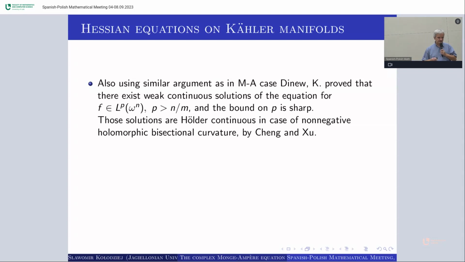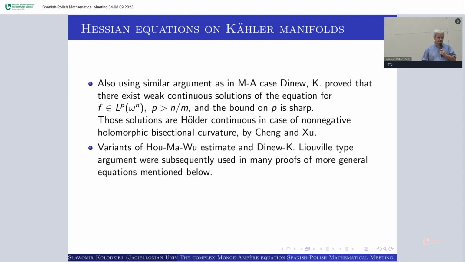And those results from the previous slide, so Hou, Ma, Wu, and Dinew and myself, they are quite robust because in all theorems which will follow now, which are twisted versions of Hessian equations, those methods still work. They have to be adapted in each case, but more or less the same procedure works.